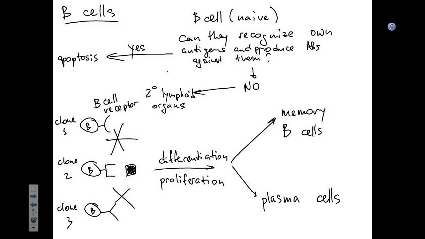And plasma cells start to produce what? There you go, antibodies. Does that make sense? That's B cell activation. So this step, when a clone is selected, is called, you'd be awfully surprised, clonal selection.